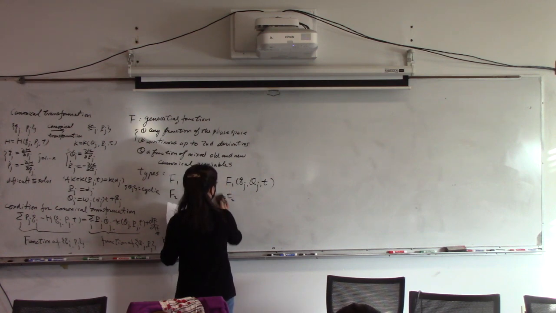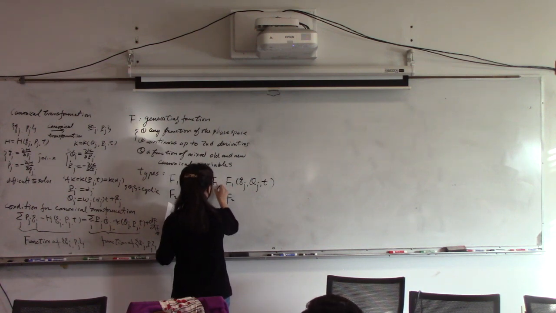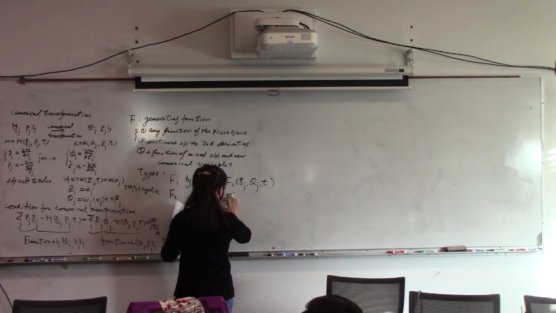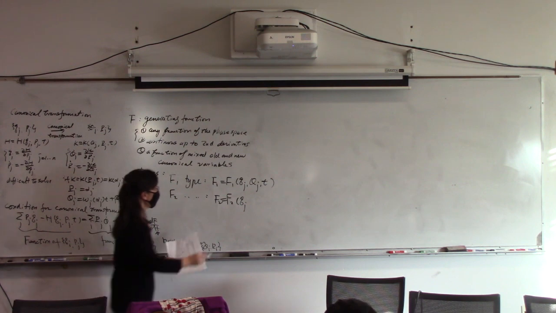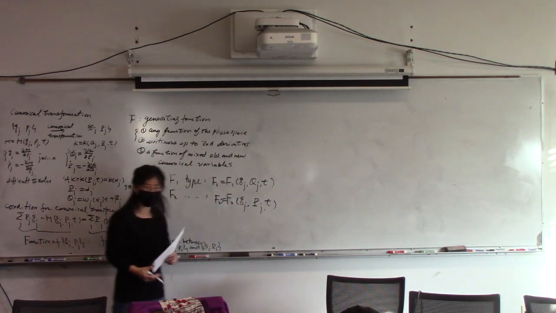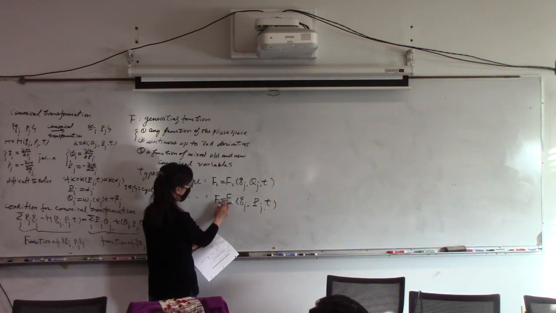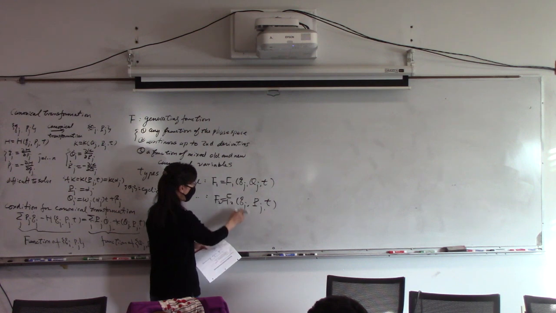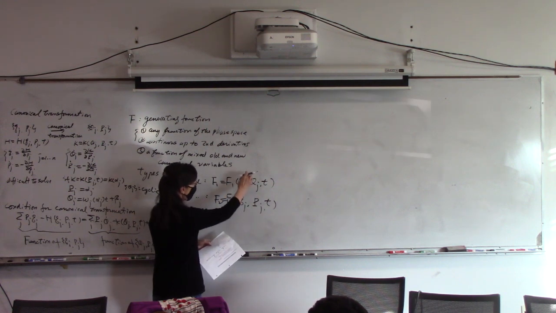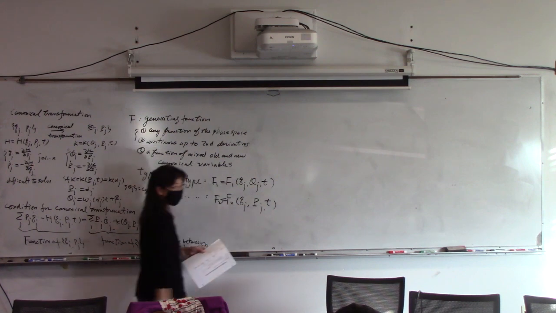So F2 type is a function that is a mixture of the old generalized coordinates with the new conjugate momentum. This is another type of mixture. For F1 and F2, we always keep the old generalized coordinates, but for the new one, either the new generalized coordinates or the new conjugate momentum.